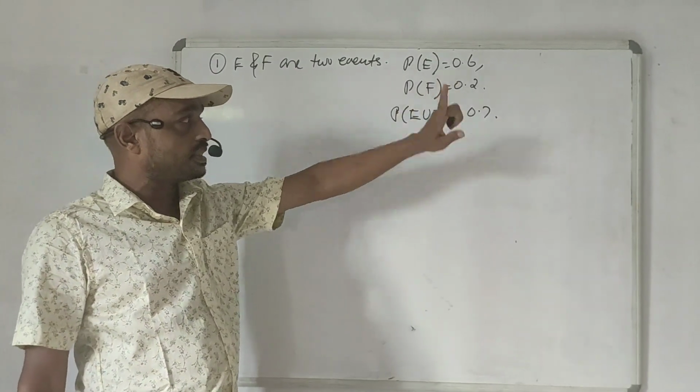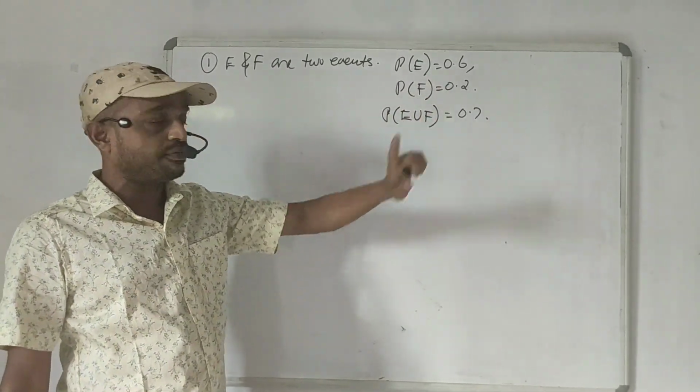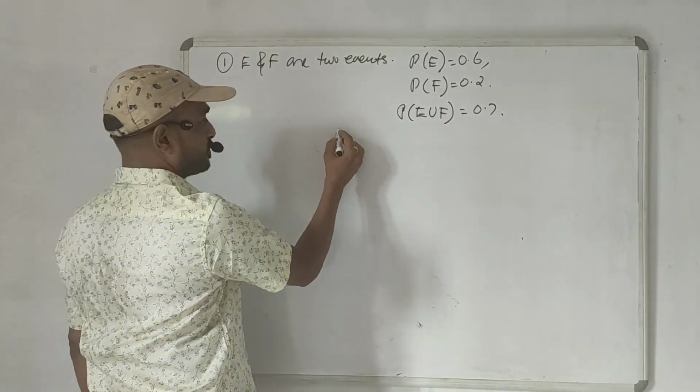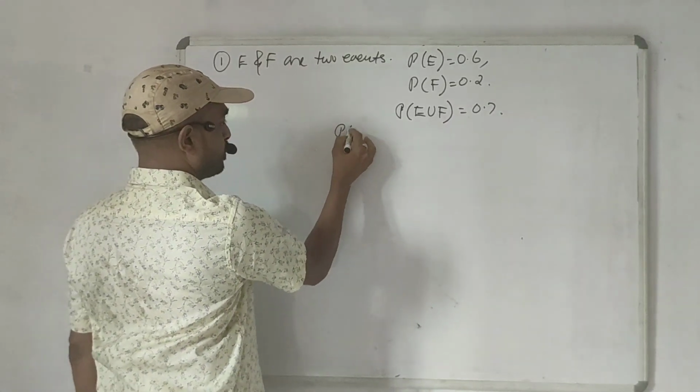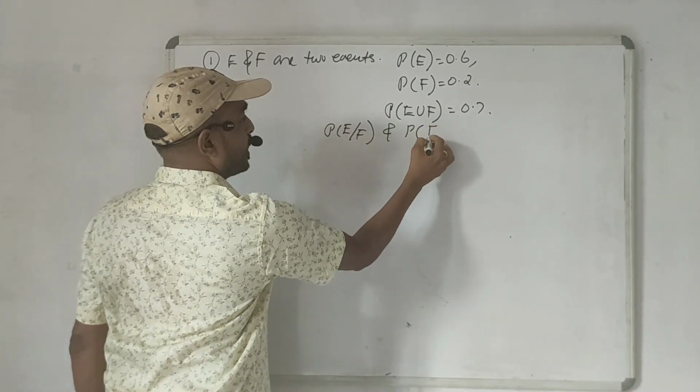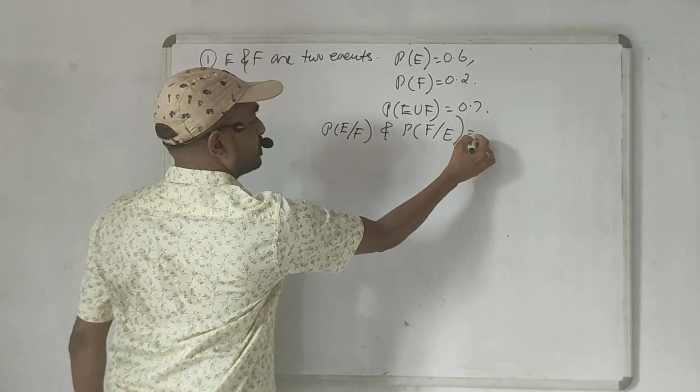P of F is equal to 0.2 and P of E union F is equal to 0.7. So how will you calculate? Suppose we are required to calculate P of E given F and P of F given E. So how will you calculate this?